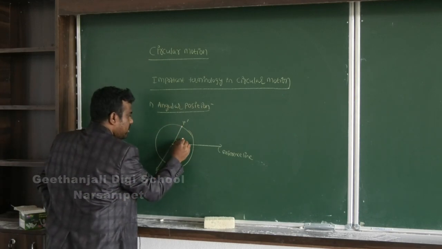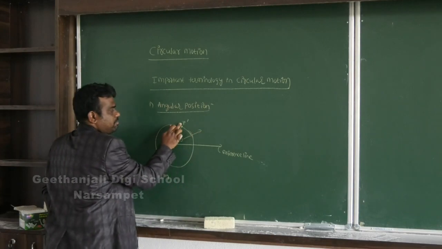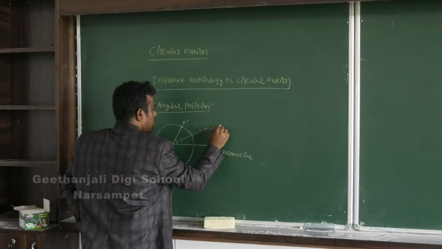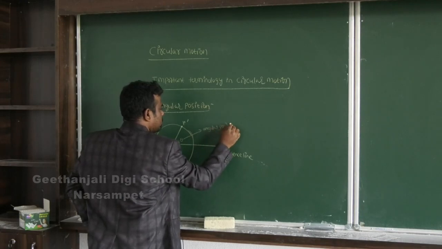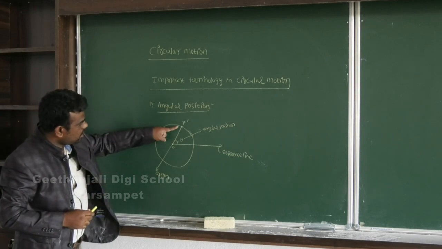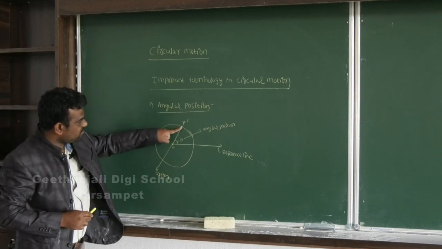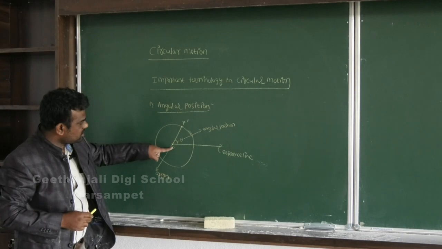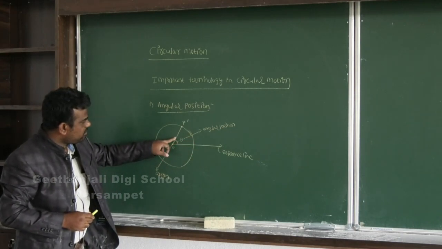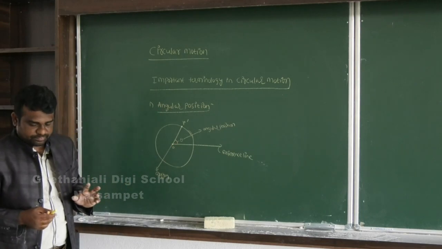Now this angle is called angular position of P. So what I am doing? Just I am drawing a position vector of P with respect to the origin and reference line. The angle between the position vector and reference line is called the angular position.